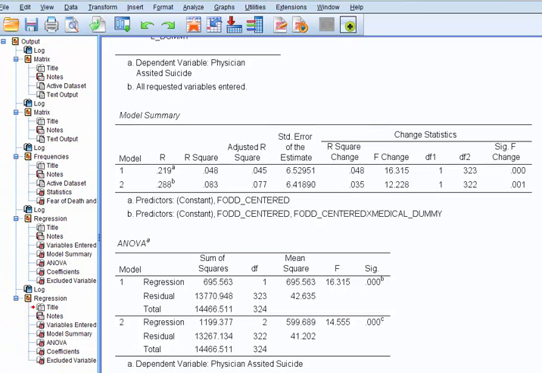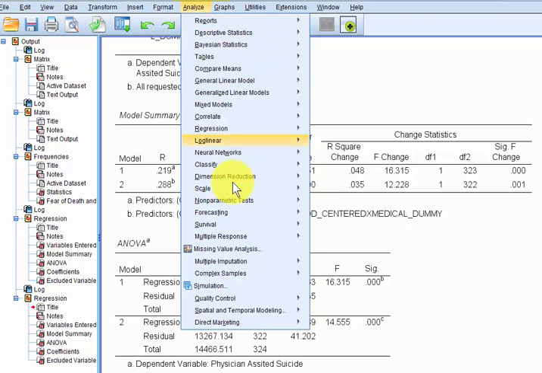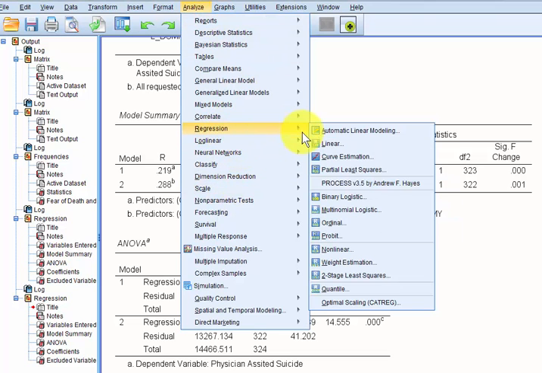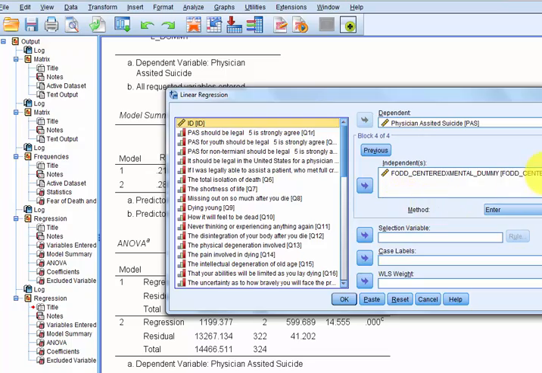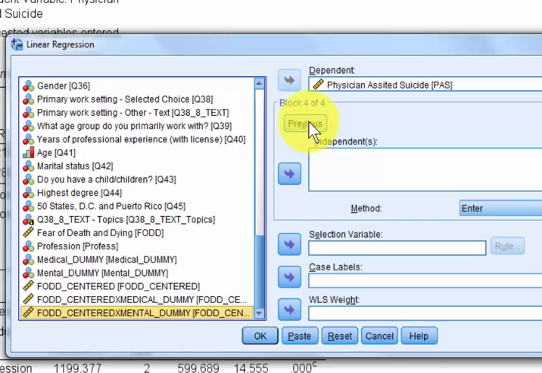Now I'm going to redo this, and we should get the exact same thing. So part 2, we're going to redo it again. I'm going to replace the medical dummy with the mental dummy. Regression, linear. I'm going to get rid of these, leave the first one in there. The next one, I'm going to stick in the mental dummy first, next, and then the medical dummy second.